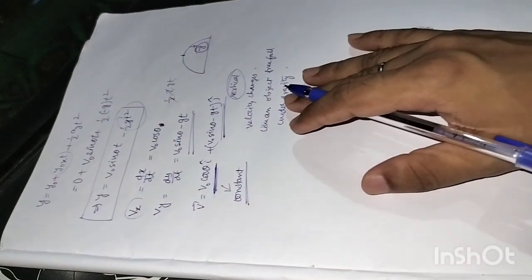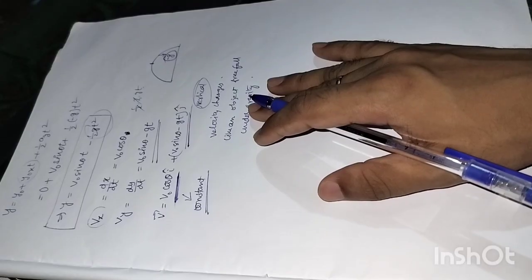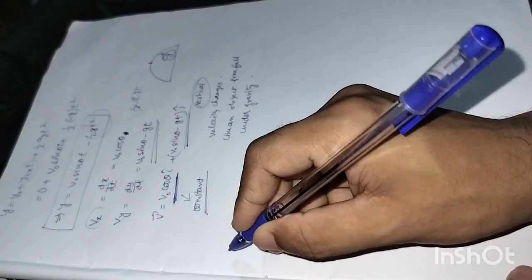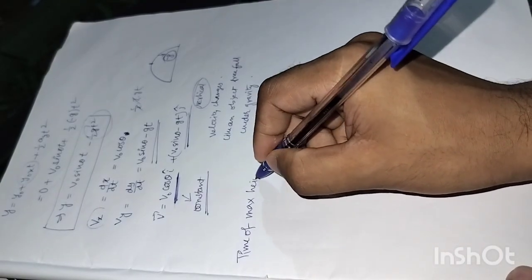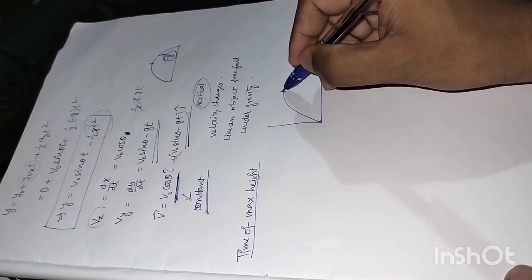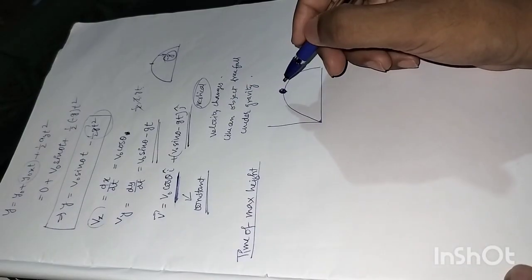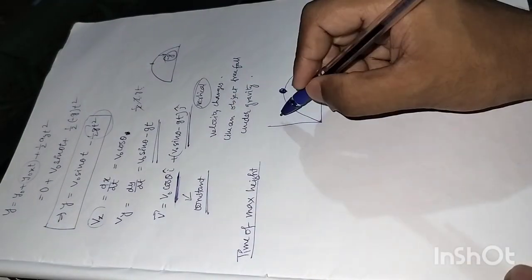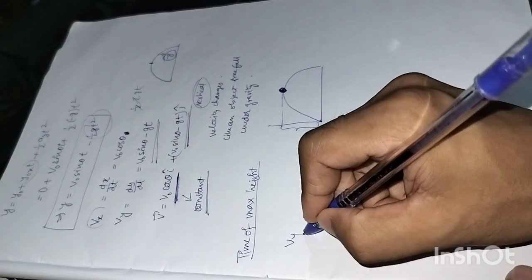Now we have some other formulas or terminologies like time of maximum height. Suppose a projectile is thrown like this, so up to this position, this is your maximum height. At maximum height, what will be your time? Whenever you are considering the vertical section, you need to consider your y component.